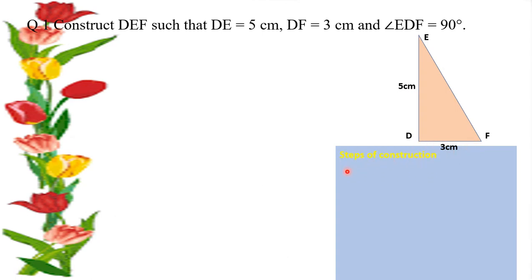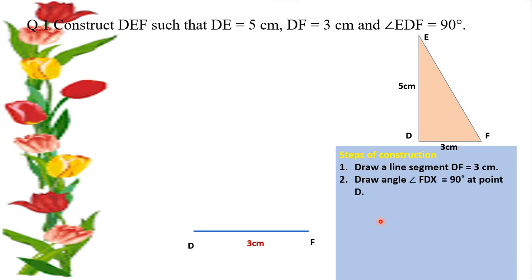The first step is to draw a line segment DF equal to 3 cm. The next step is to make an angle. It is given angle EDF, so at this point D we have to make an angle of 90 degrees.